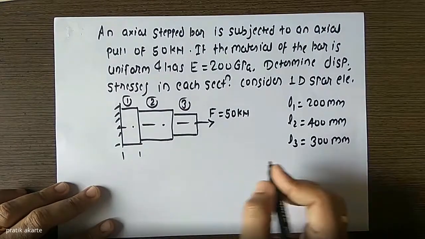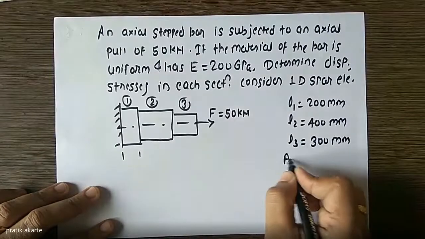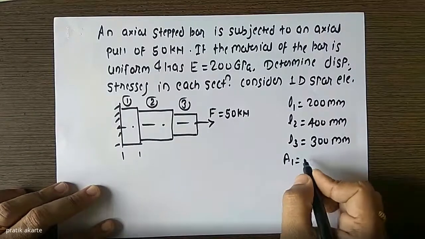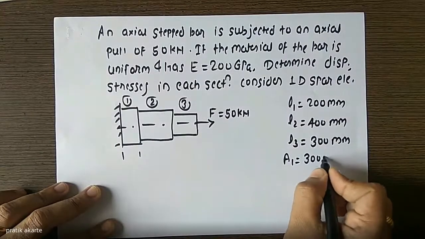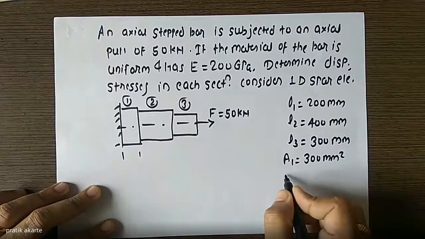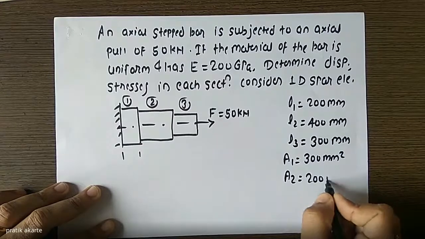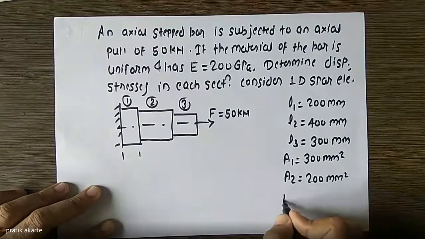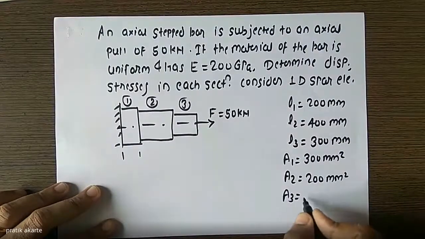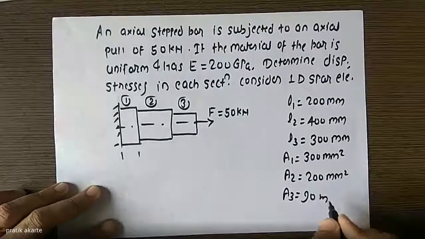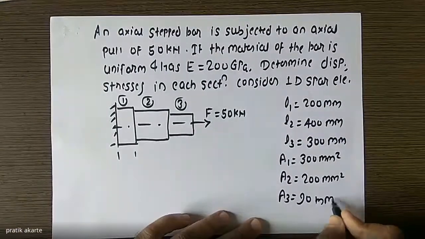The cross-sectional area A1 is given as 300 millimeter square, A2 as 200 millimeter square, and A3 as 90 millimeter square.